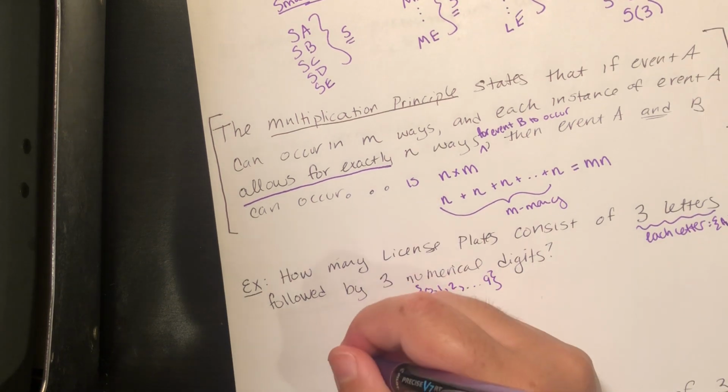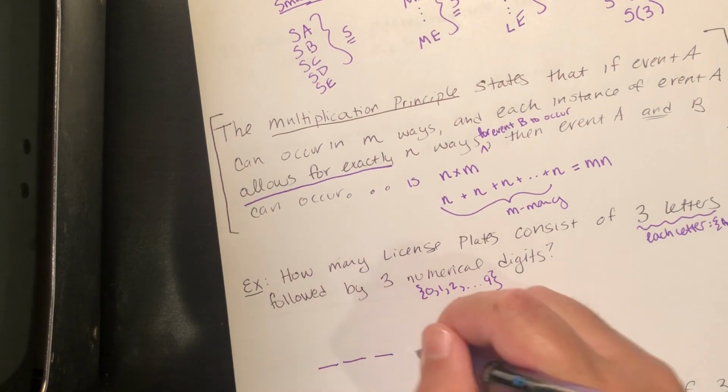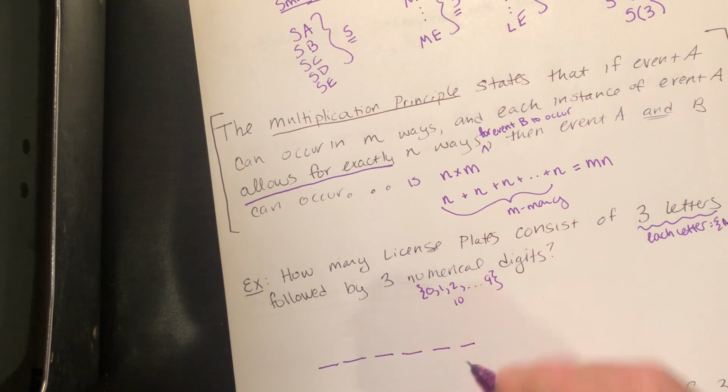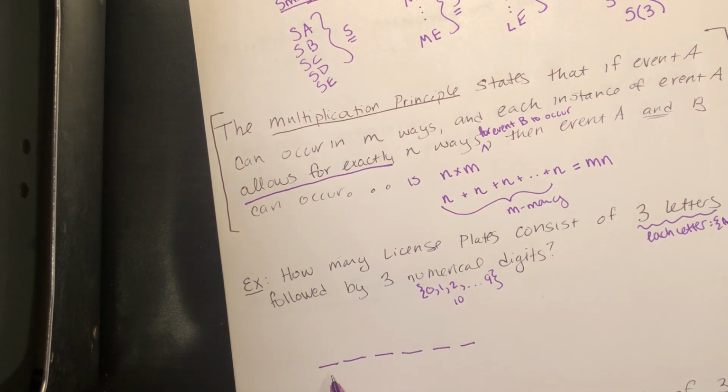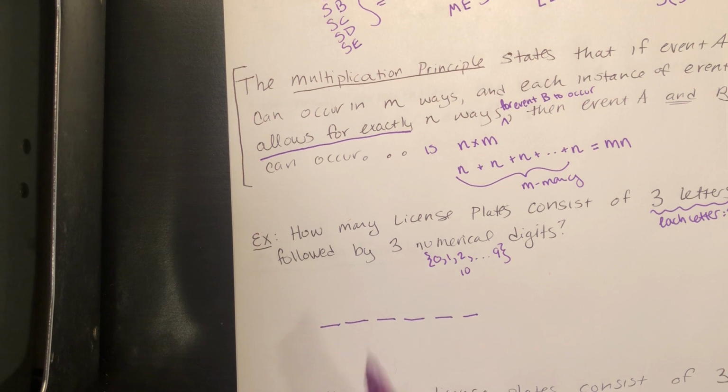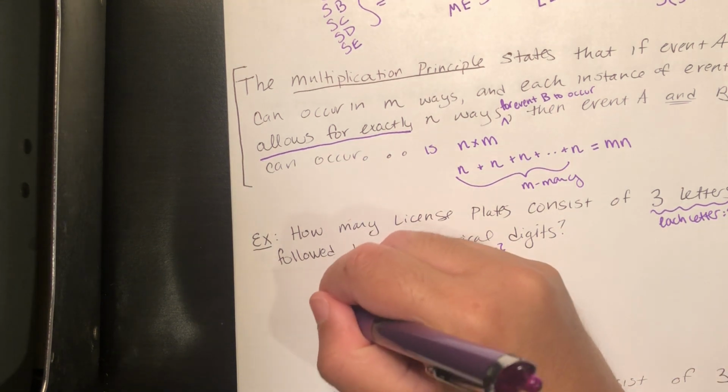All right, so if we think about filling in this license plate, essentially we're making 6 choices here. We're choosing our first letter, our second letter, our third letter, then we're choosing our first numerical digit, our second, and our third. In each choice of your first letter here, so this has to be a letter, we know that there's 26 choices here.